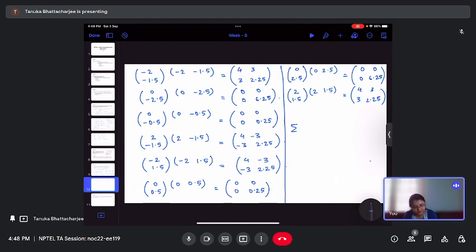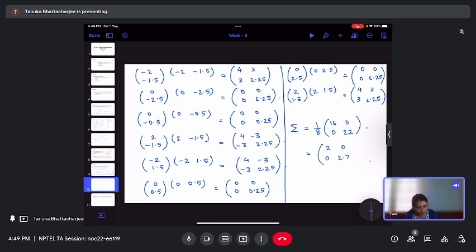You will get sigma as 1 by 8 times the summed matrix, and your final result will be 2, 0, 0, 2.75.